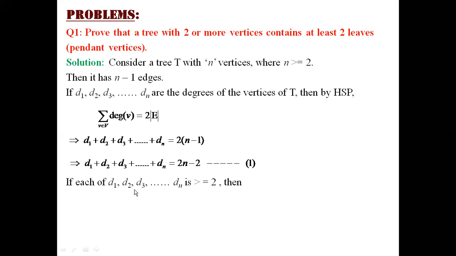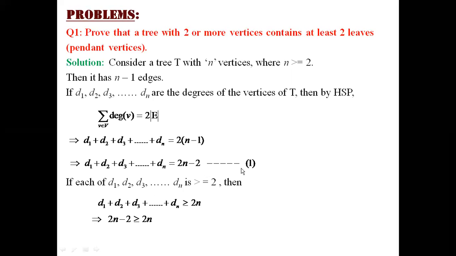If each of these degrees D1, D2, D3, etc. up to Dn is greater than or equal to 2, meaning we are assuming the degree of every vertex is greater than or equal to 2, then the sum of these degrees will be greater than or equal to 2 into n, because there are n vertices.